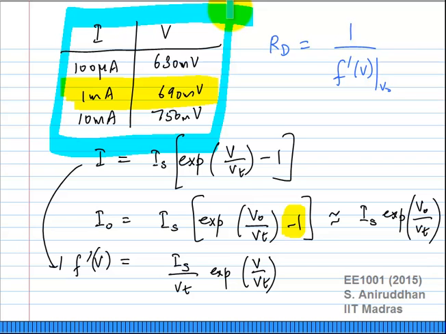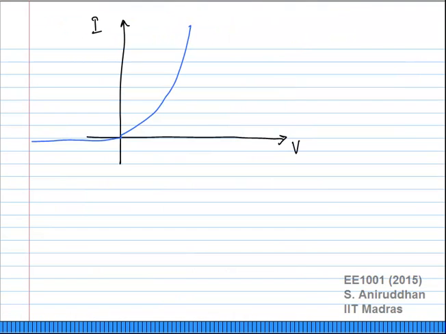You can also see that these numbers are all clustered around this 600, 700 millivolt range. So a very good starting point is to approximate the diode relationship by a much easier characteristic.